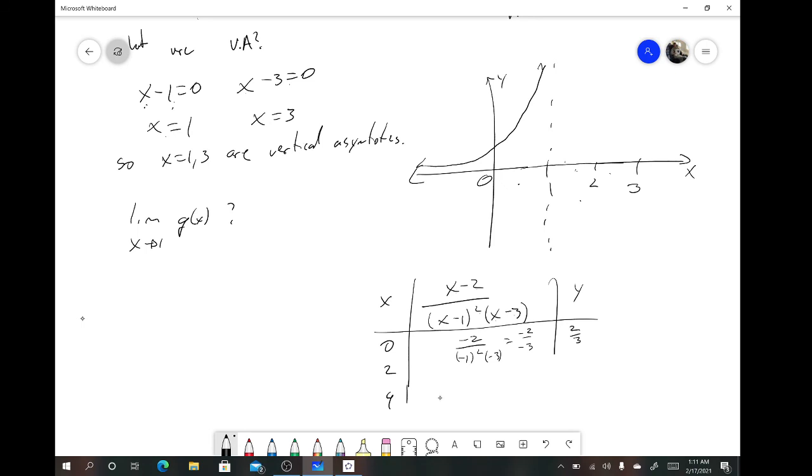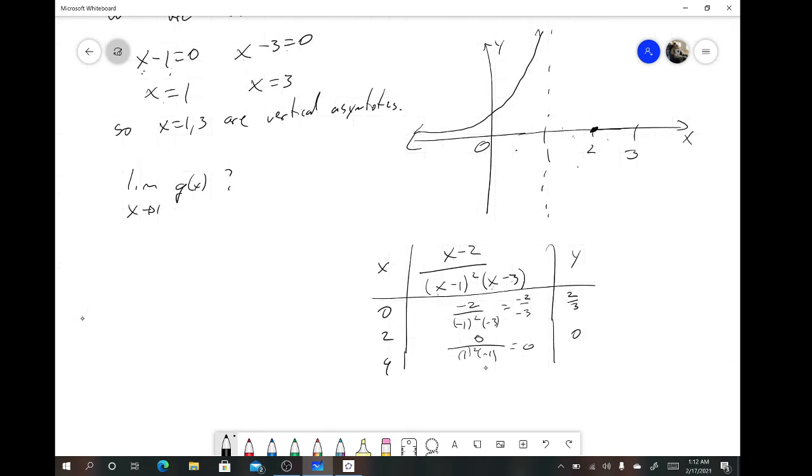For 2, if we plug in 2, we have 0 in the numerator. In the denominator, 2 minus 1 is 1, squared, and 2 minus 3 is minus 1, but the numerator is 0, so this whole thing is going to be 0. So we have a point here.